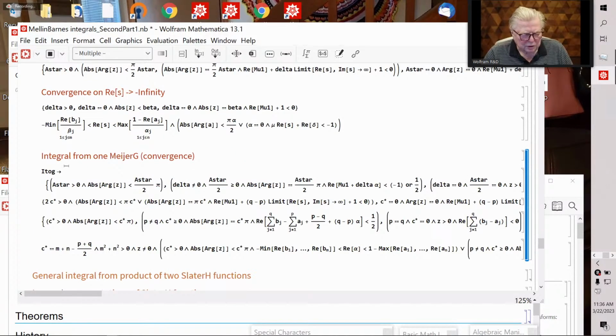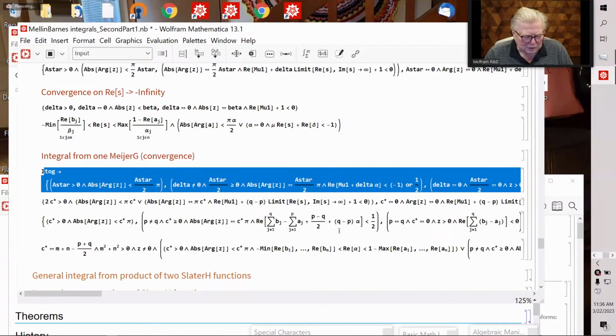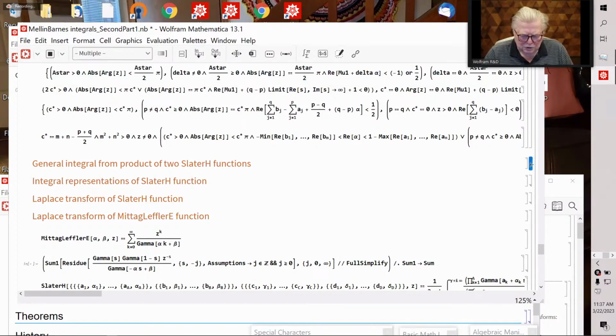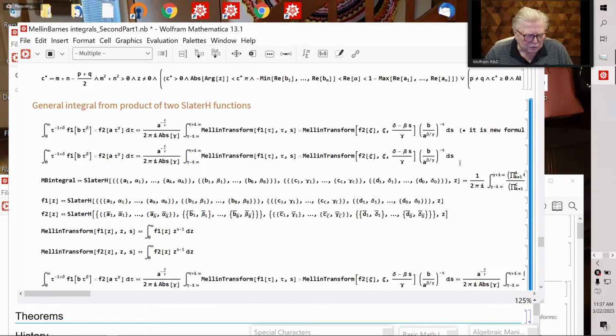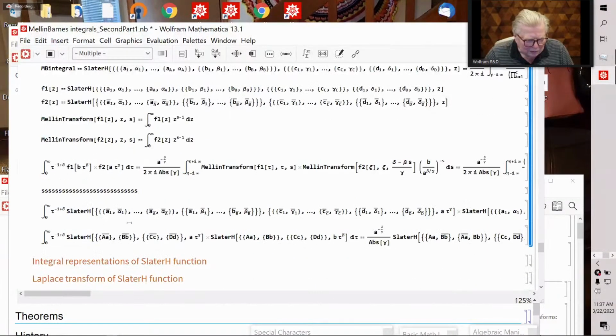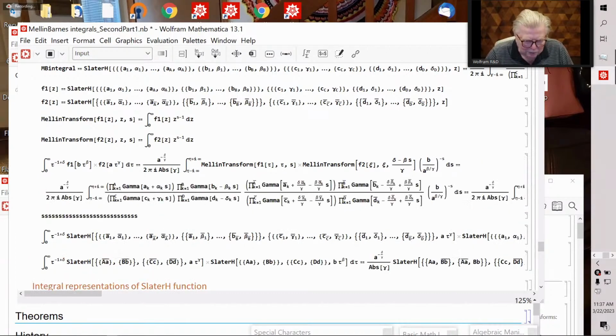I know that Danny is working in this area, and we hope to soon have this formula realized in Mathematica, and the particular case for Slater, for Meijer's function. Now, below, again, I'm afraid maybe we have a problem here or not. Let me show. Do we have a problem? No, for now I don't see a problem.